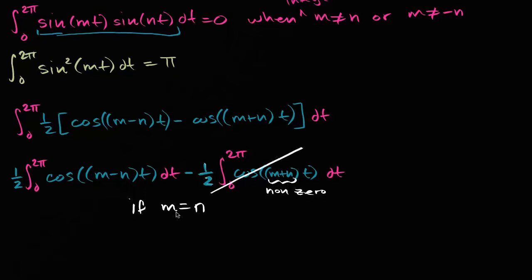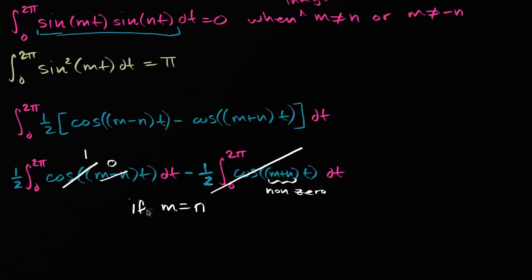So that one is still going to be 0 based on what we just argued. But this right over here, m minus n, that is going to be 0. You're going to have a 0 coefficient there. So it's going to be cosine of 0t. Well, cosine of 0t, that's cosine of 0, regardless of what t you have. And cosine of 0 is going to be equal to 1.